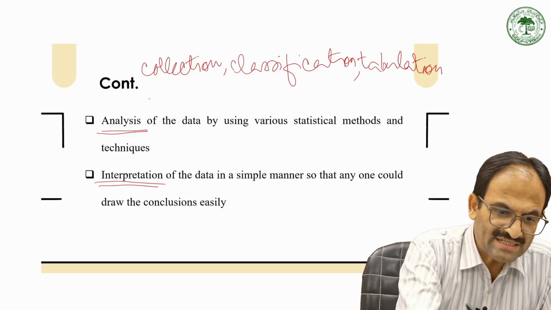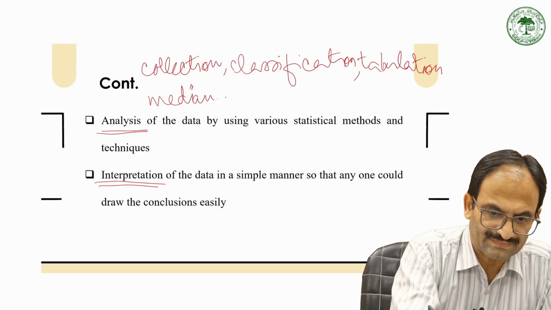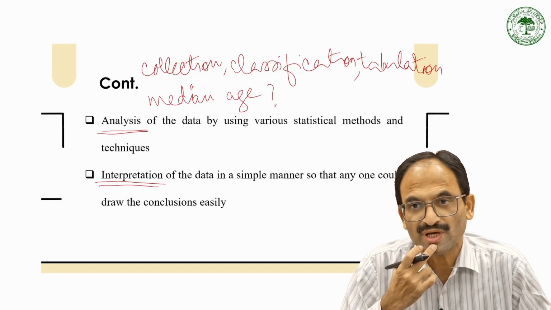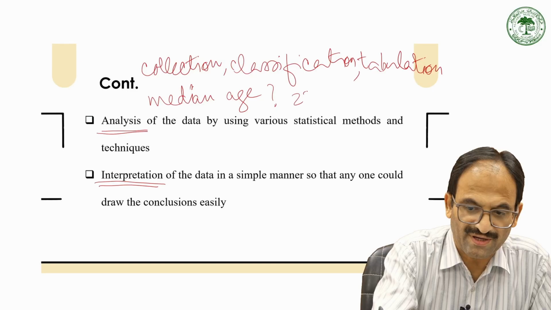So what is the median age? Suppose the median age comes out to be 23.